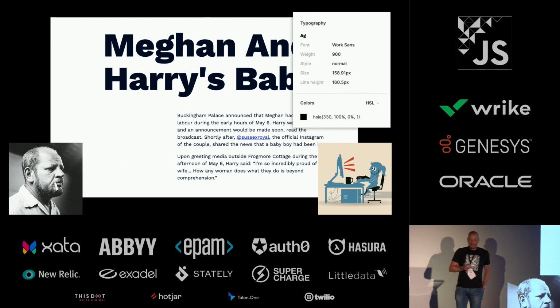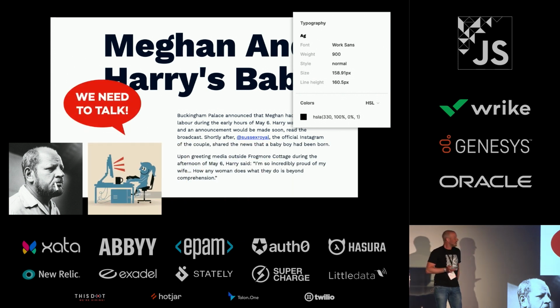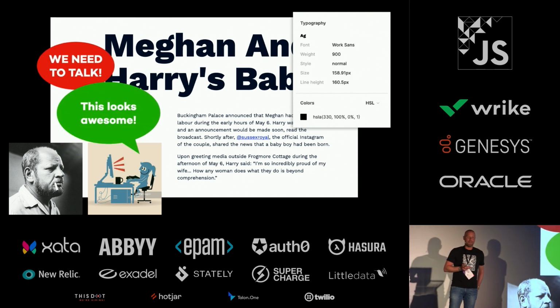So she looks at this and says, okay, we need to talk. Because you know what? This looks awesome. And I want to do this. And I now want to show you the process of what Getty here, our developer, does to translate this layout here into a proper website.